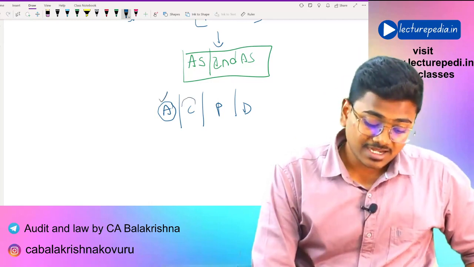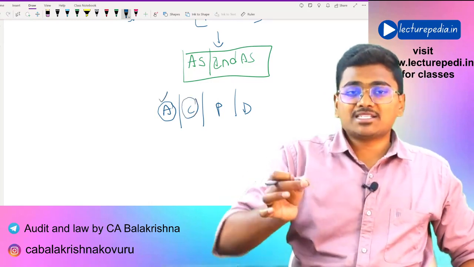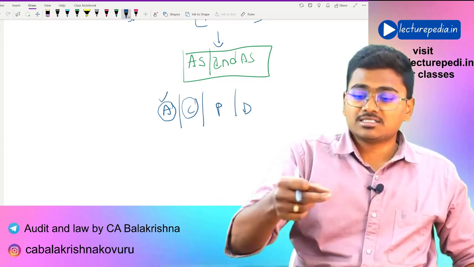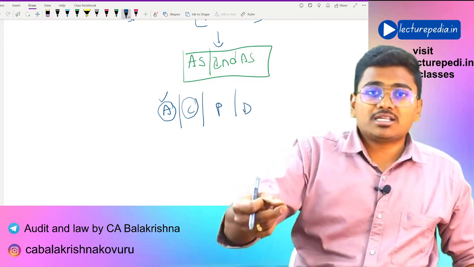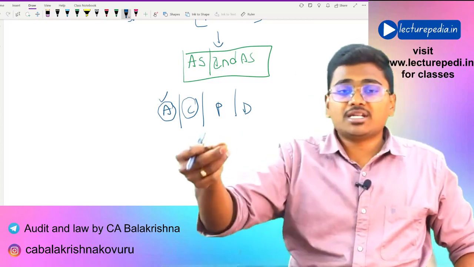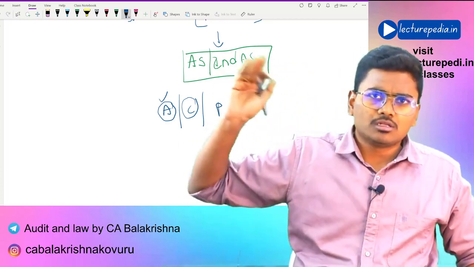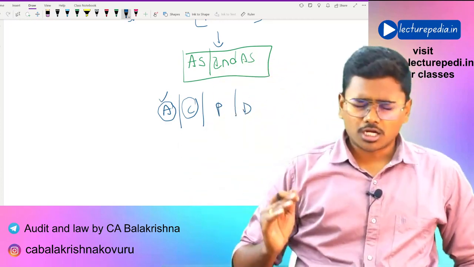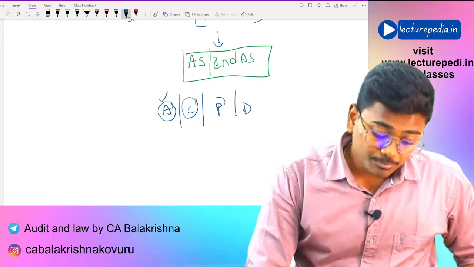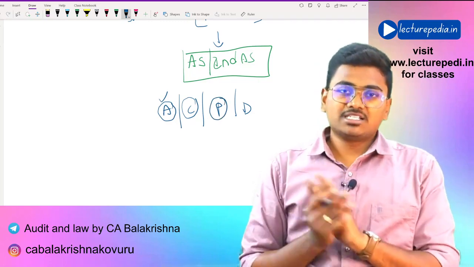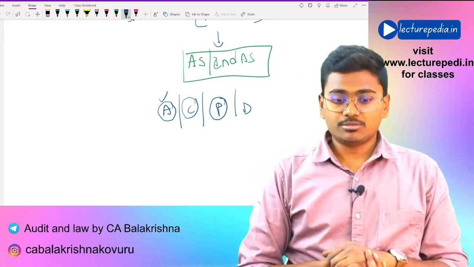Next, classification, whether an item has to be classified as current asset, non-current asset, fixed asset, current liability, non-current liability, revenue item, capital item. This classification will also be described by each and every accounting standard. And presentation, how the items have to be presented in the financial statements, even this will be described.